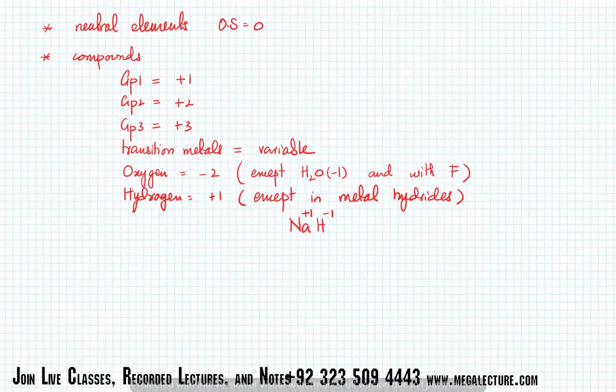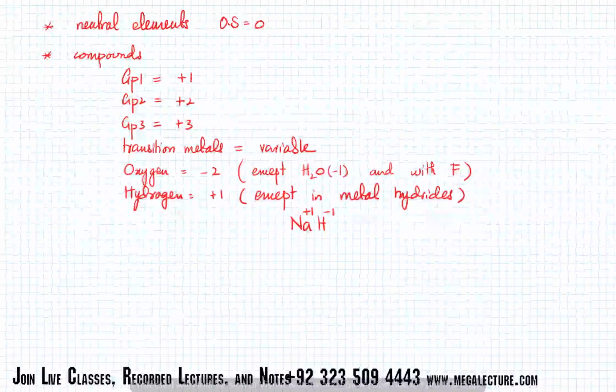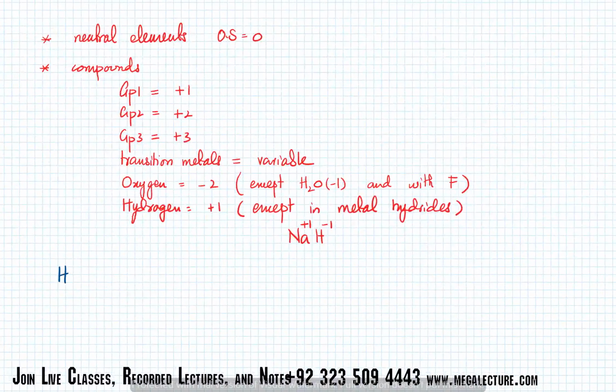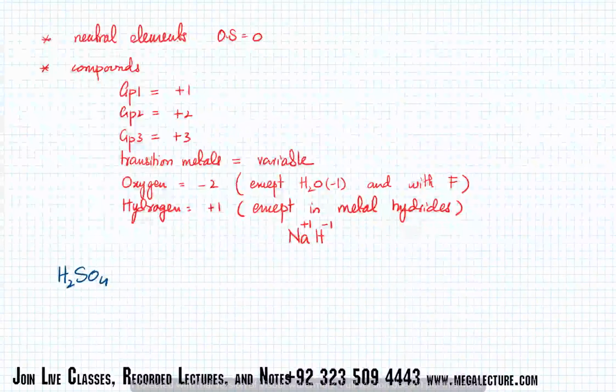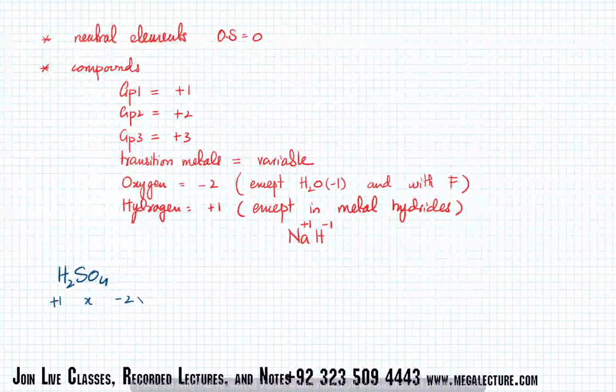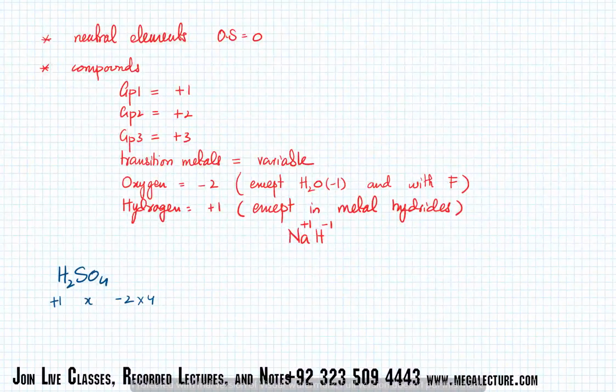Okay. So we're going to use these examples and then we're going to try and find oxidation states. So for example, if I have H2SO4, how do I figure out the oxidation state of S in H2SO4? What I do is H is +1. Sulfur is unknown, so that's X. Oxygen is -2. And there are 4 oxygens. There are 2 hydrogens, and there's only 1 sulfur.